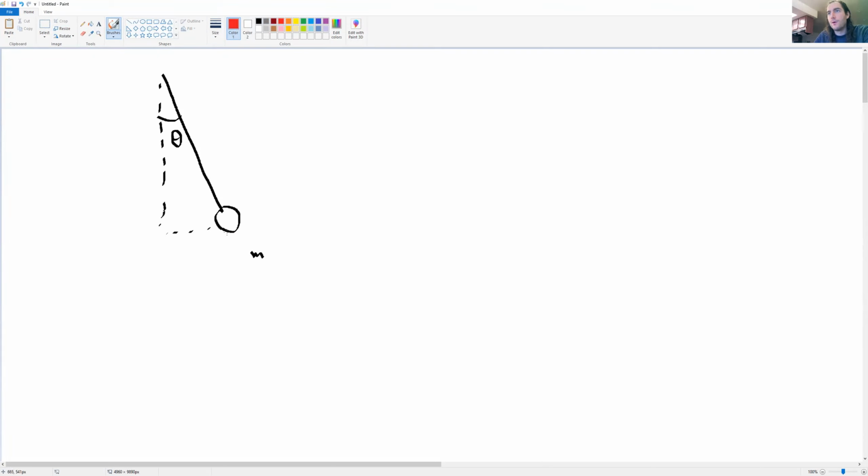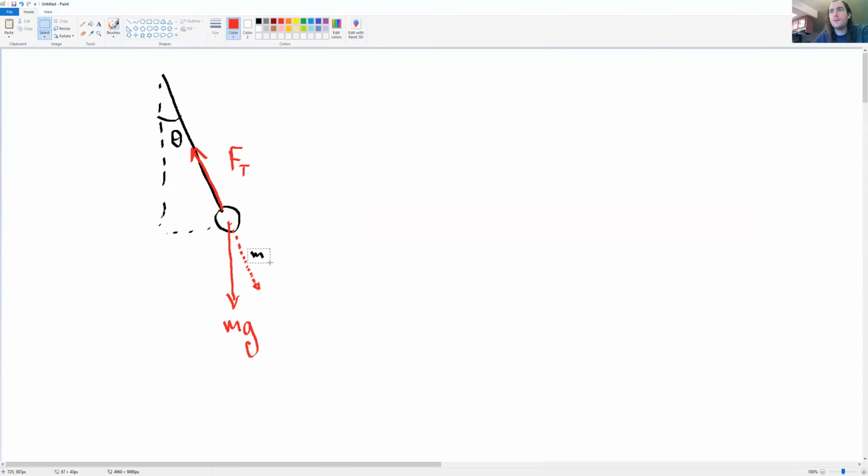Let's use red for the forces here. There's a force mg down on this pendulum, and there's a tension force Ft, which is along the direction of the string. The component of the gravitational force in this direction has to equal the tension force.